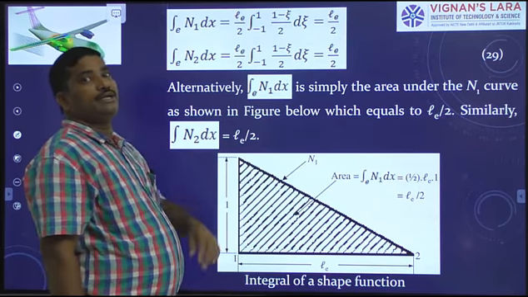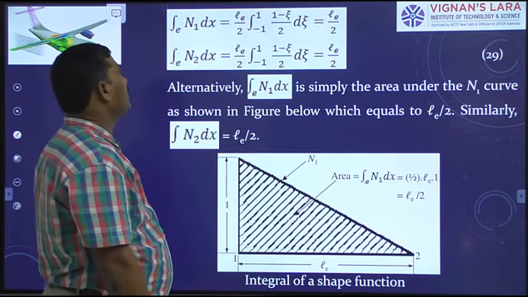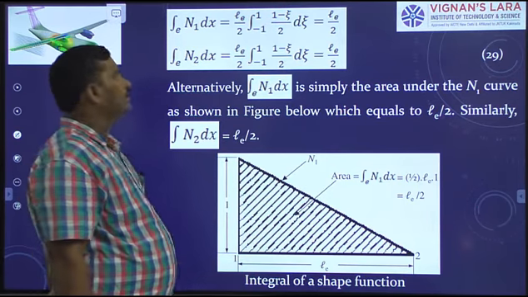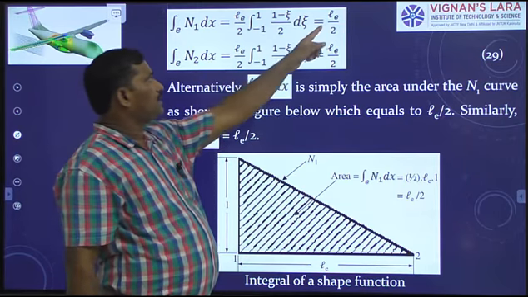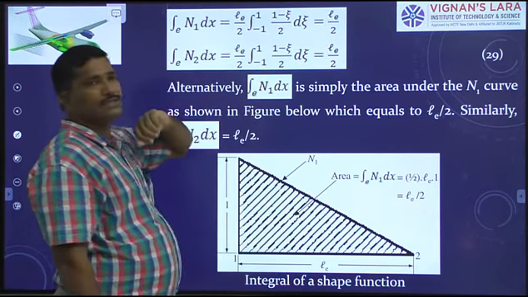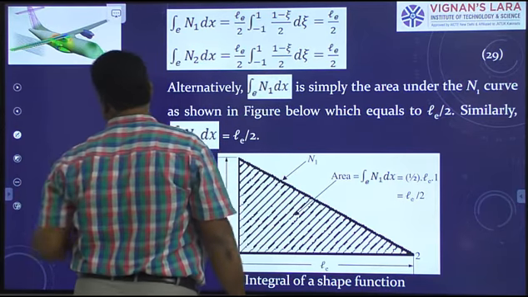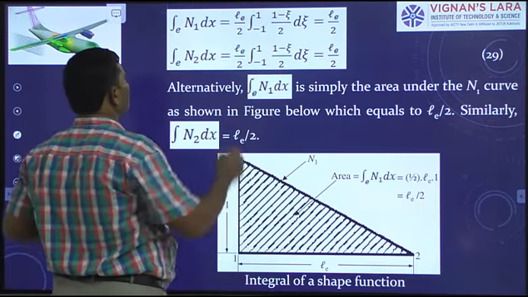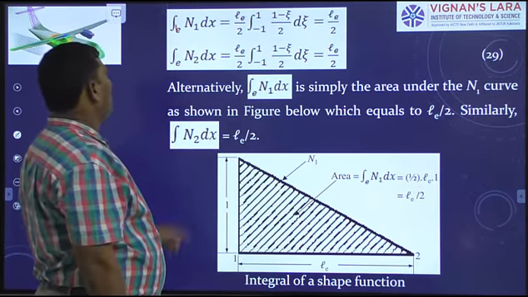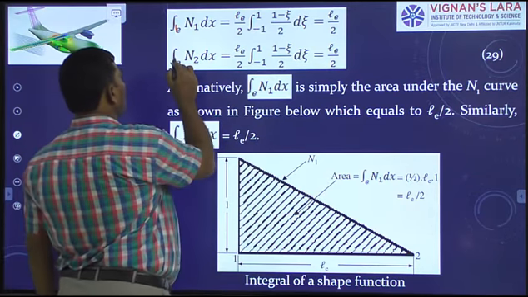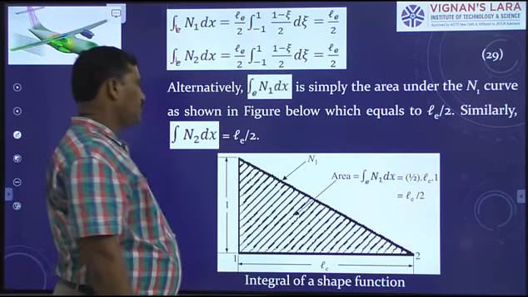Now we have evaluated in the last class each shape function with respect to the global coordinate x. The global coordinate was converted into natural coordinate, and integral of N1 dx over the length of the element was obtained as LE by 2, and integral of N2 dx over the length of the element was also LE by 2.